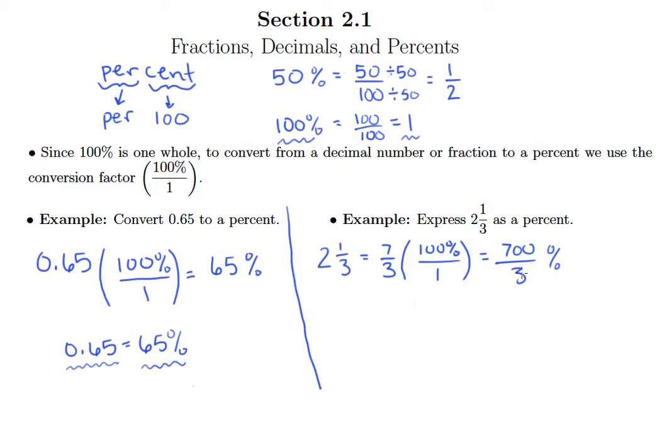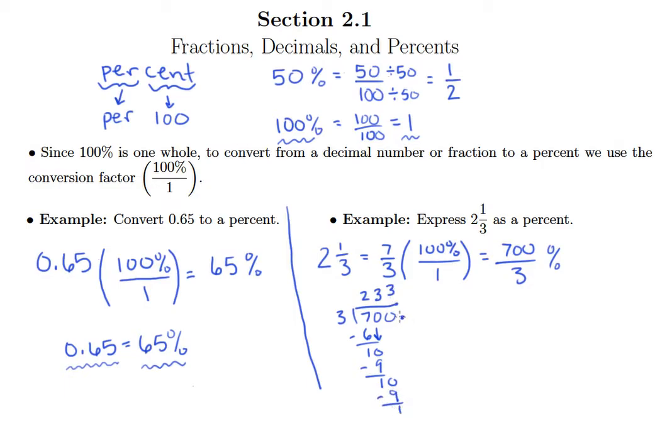Okay. Now we don't want to leave it like this. We want to express our answer as either a decimal or mixed number. So let's go ahead and divide 700 by 3. 3 goes into 7 twice. Get a remainder of 1, drop the 0. 3 goes into 10 3 times. Again, you get a remainder of 1, drop the 0. 3 times.